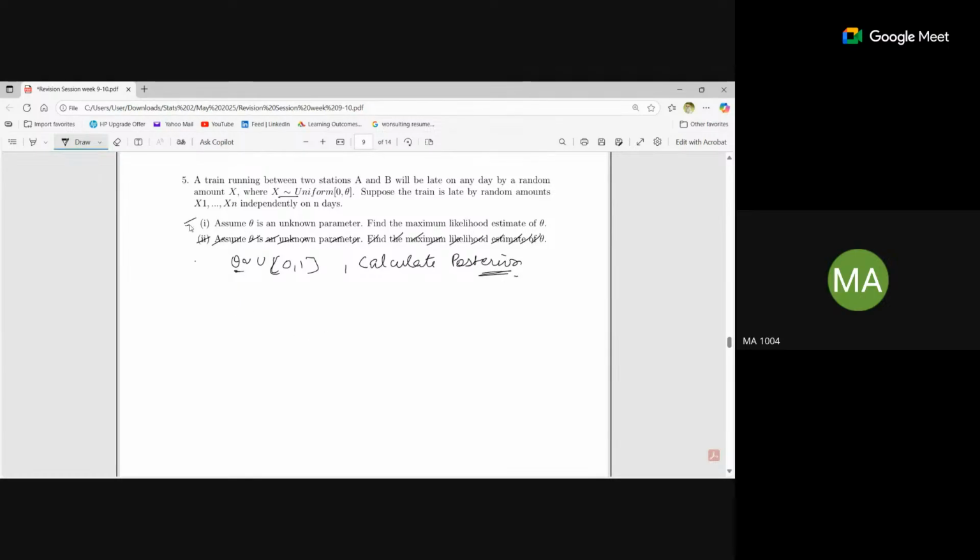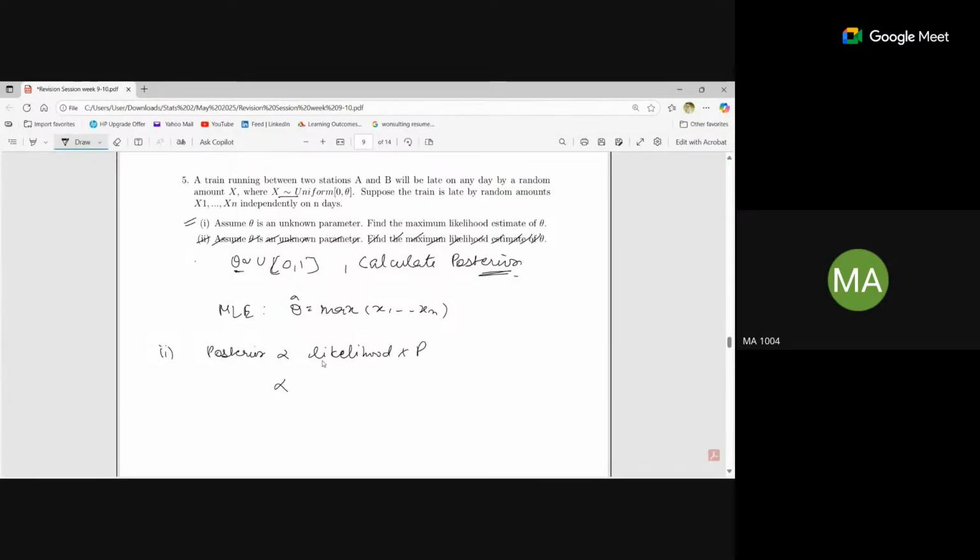Okay, so the first question is, assume theta is a known parameter, find the maximum likelihood estimate. According to MLE, my theta will be the maximum of x1 to xn. Now, the second part is we have to calculate the posterior. Posterior is directly proportional to the likelihood into prior, correct?